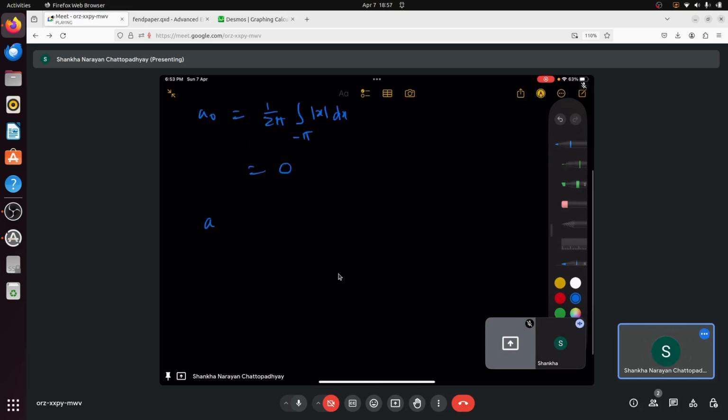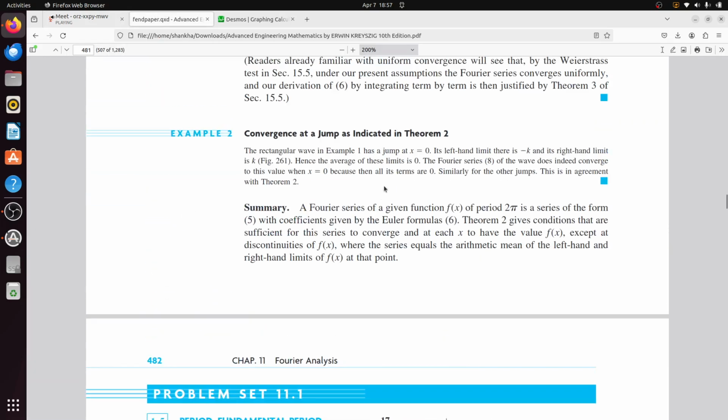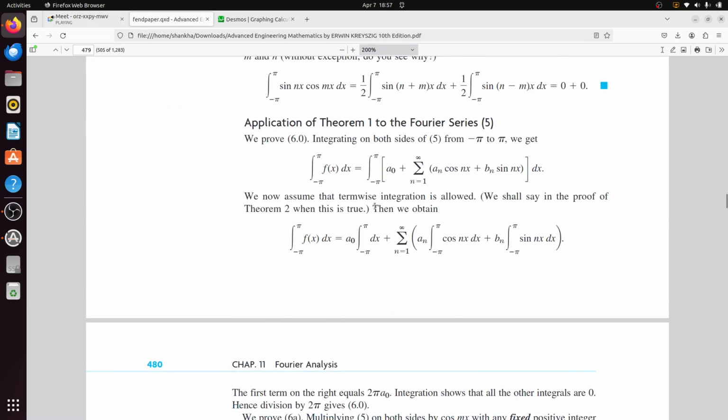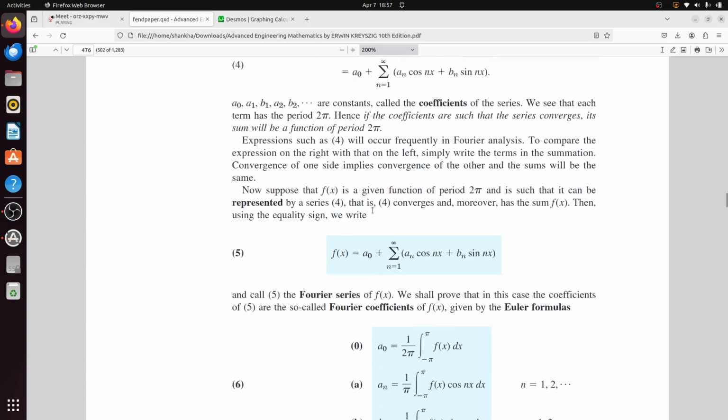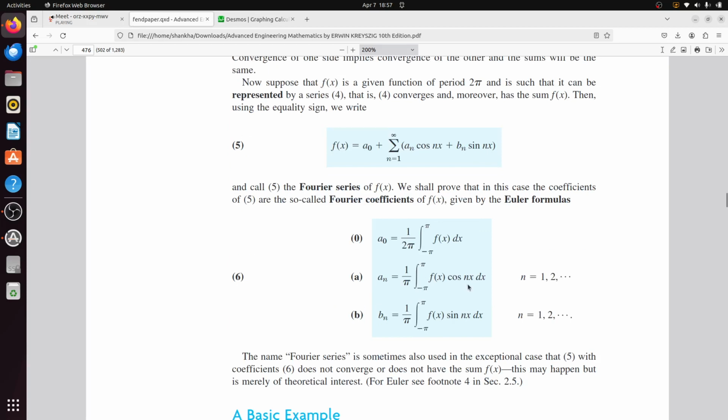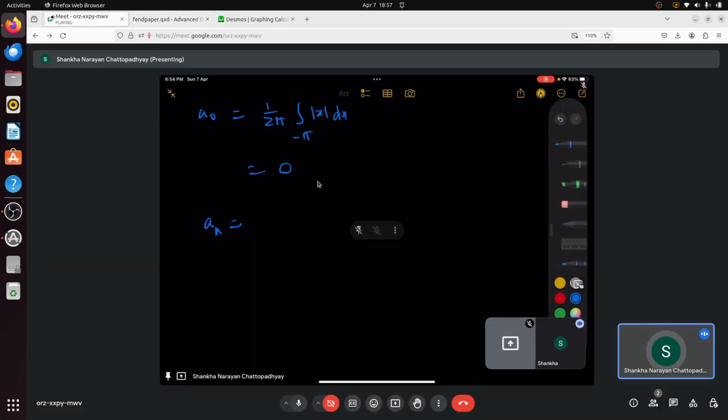Now we need to determine an. What is the formula of an? Can you remember? The formula of an is f of x cos nx dx, so that will be 1 by pi, the integral from minus pi to pi of mod x cos nx dx.